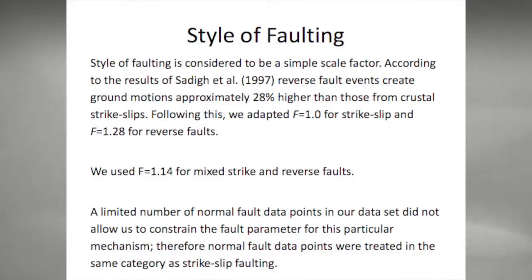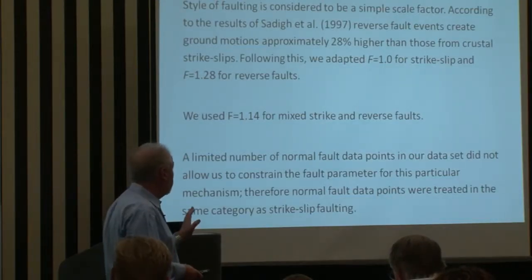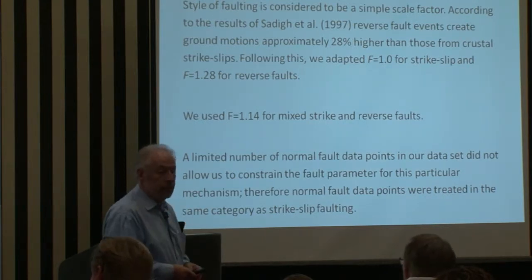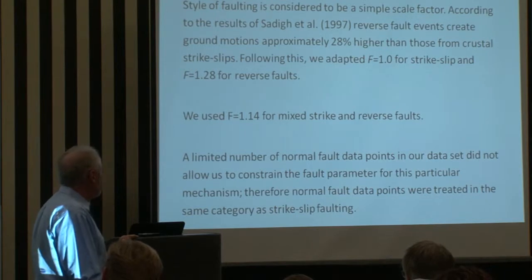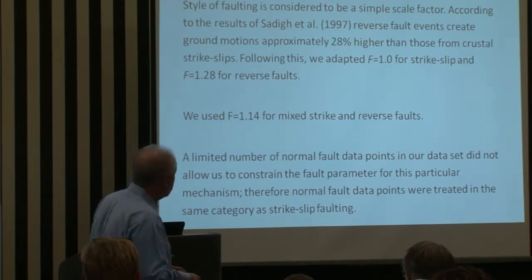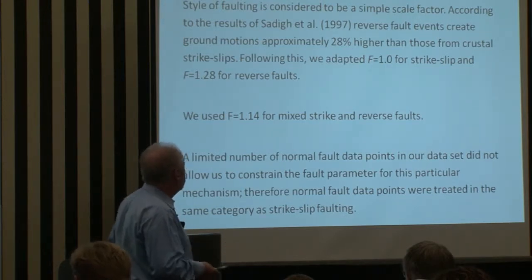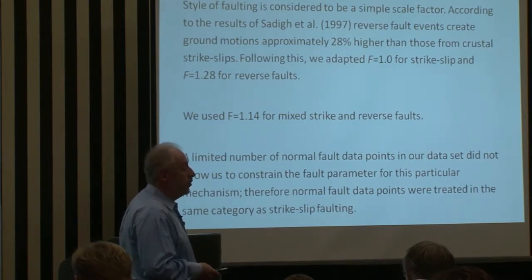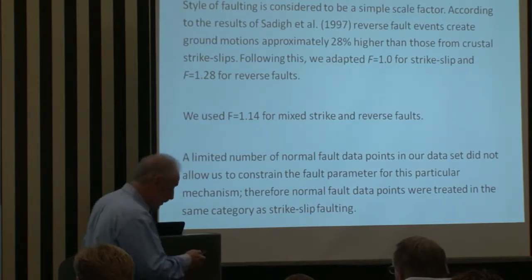Now, for normal faulting, we didn't have any constraints, which is why we just stayed with the same number 1. We treat normal faults the same as strike slips. In support of this, we actually looked at the data, and we didn't see any real problems with this more or less simple interpretation.